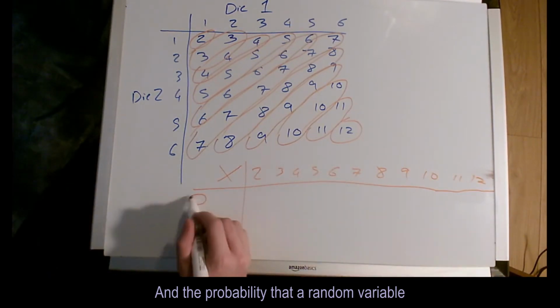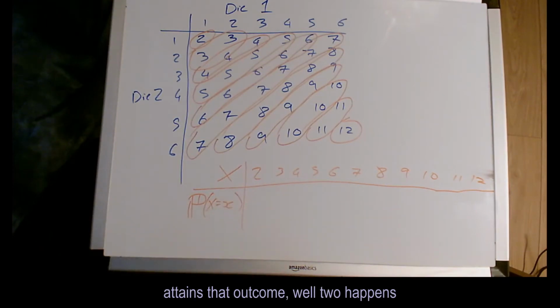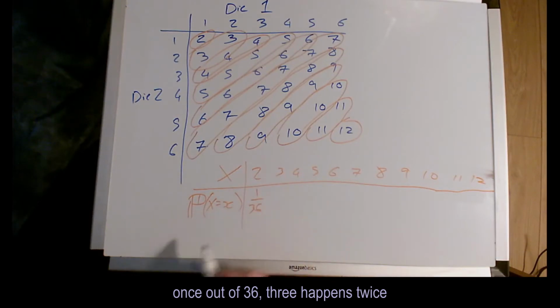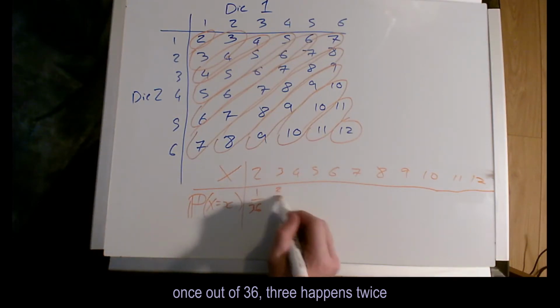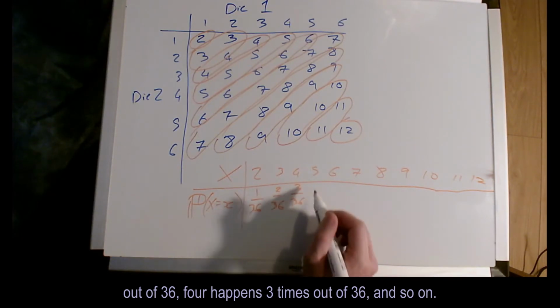And the probability that our random variable attains that outcome, well, 2 happens once out of 36. 3 happens twice out of 36. 4 happens 3 times out of 36, and so on.